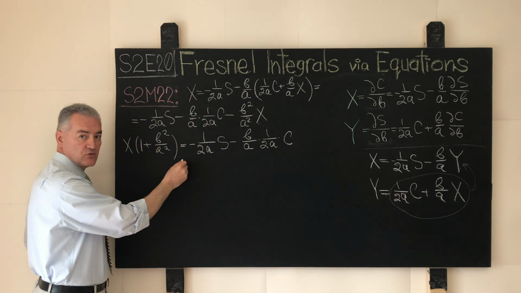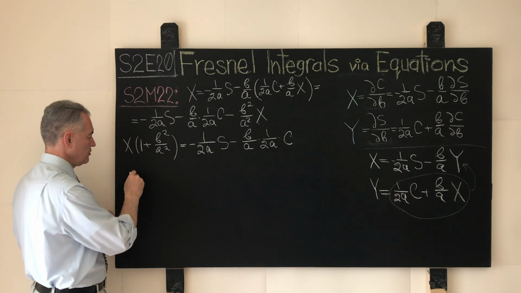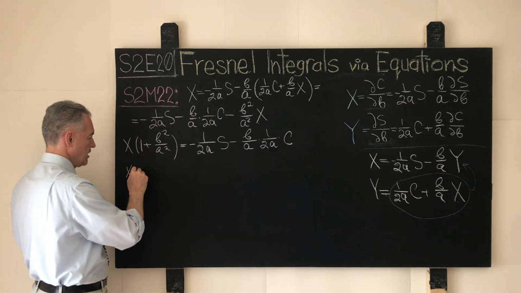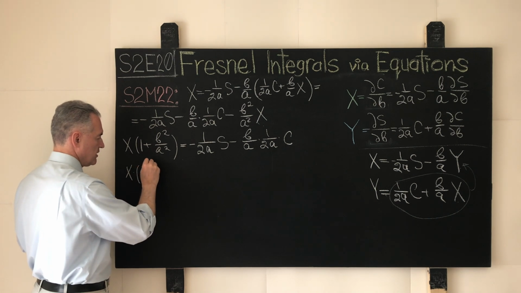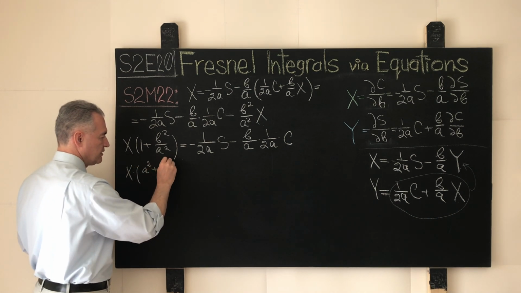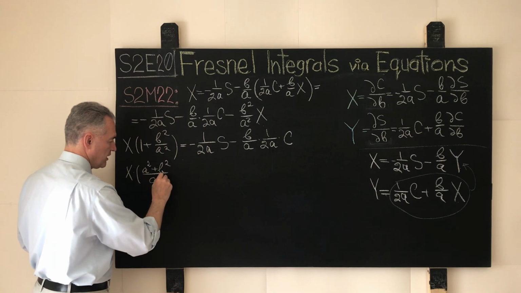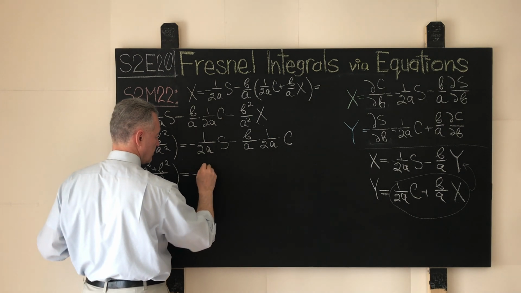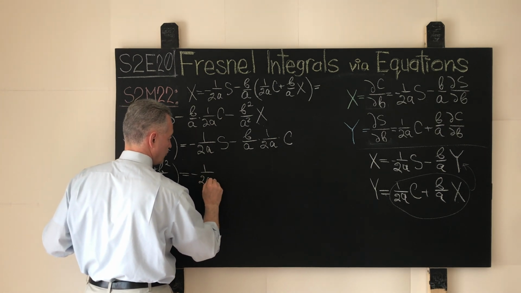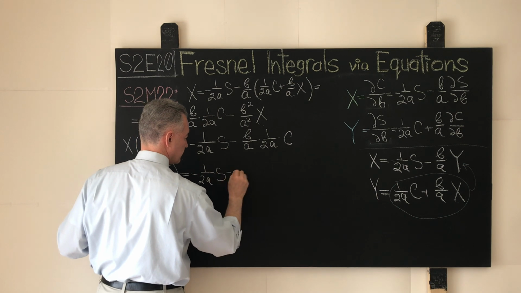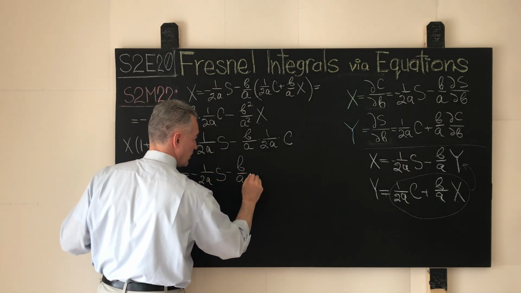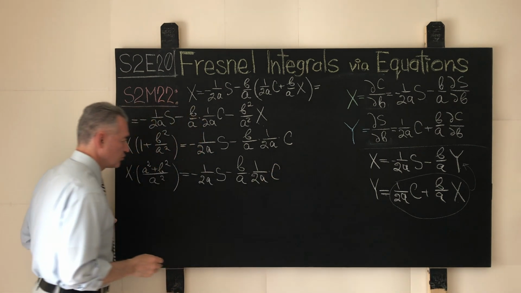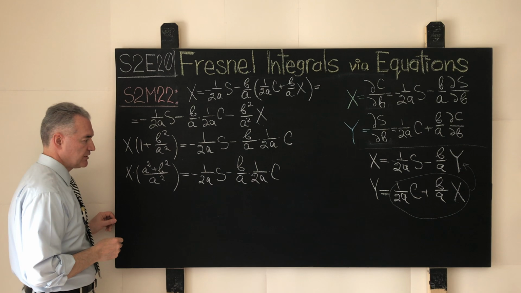Here on the left hand side of the equal sign, nothing scary going on. We can simply spell out this expression: x times a squared plus b squared over a squared, in parentheses, equals this whole thing again, minus 1 over 2a times s minus b over a times 1 over 2a c. So far so good, that much we understand, nothing complicated.